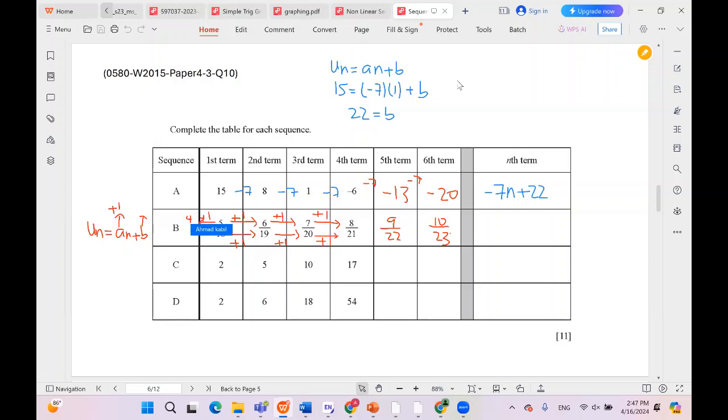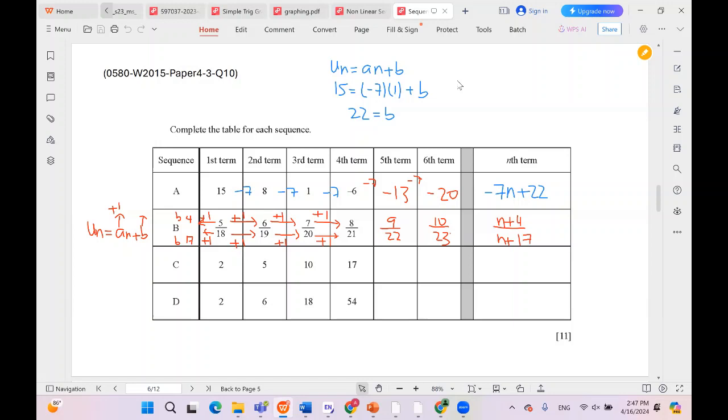This is 4. And for the 18, something plus 1 equals 18. So this would be 17. This is the value of the b. So how does this help us? We can immediately write the formula for the sequence as n plus 4 over n plus 17.